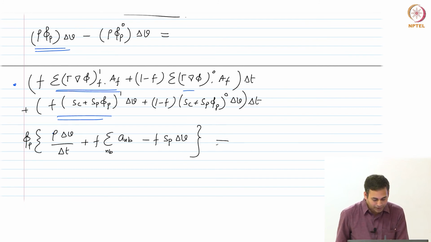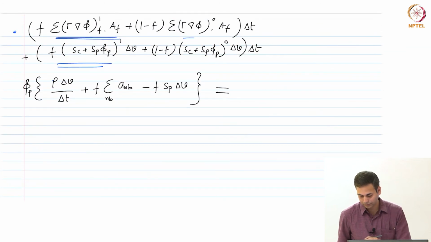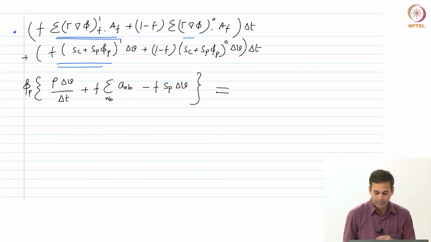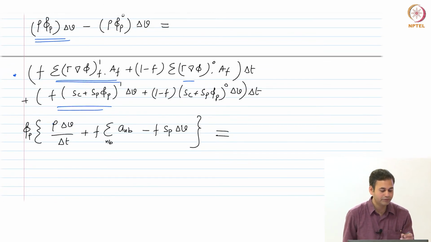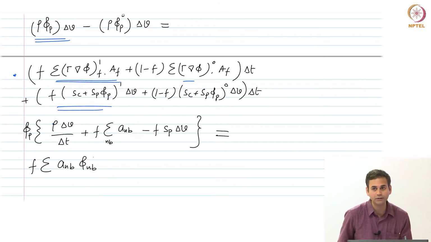Okay. On the right hand side what do we have? Right hand side of course from the first term, if I were to calculate what is from the first term on the right hand side, what will be there? F times sigma A and B, phi and B, these are all 1, right, these are all calculated, okay, plus what else?